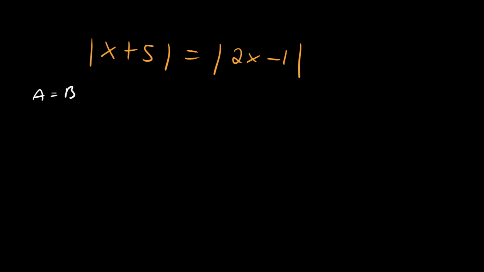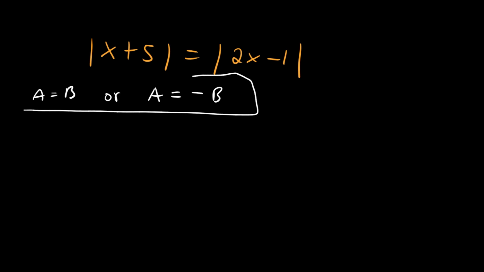Whenever a is equal to b, we can do this, or we can also do this: a is equal to negative b. So let's solve it using this little formula. Whenever both sides are absolute values, let's use this.